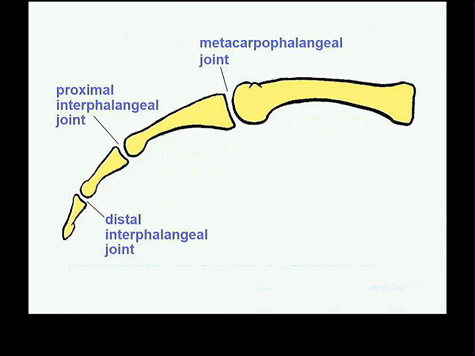Here are the joints between these four bones of every finger. The names are just so obvious you don't have to be a genius. Between the metacarpal and the proximal phalanx is the metacarpal phalangeal joint. Between the proximal phalanx and the middle phalanx is the proximal interphalangeal joint. Between the middle phalanx and the distal phalanx is the distal interphalangeal joint.